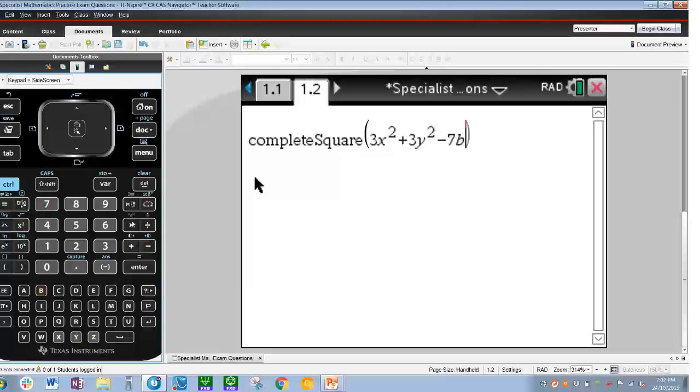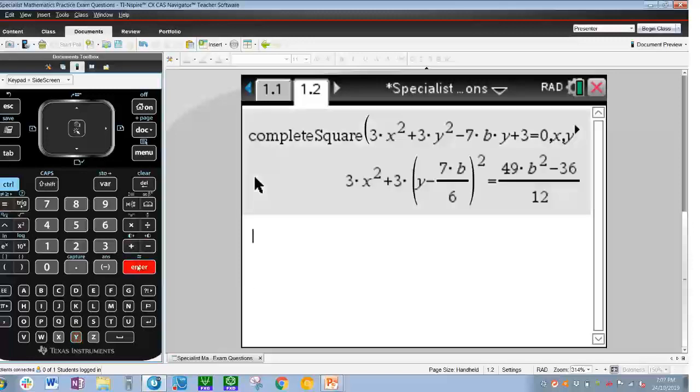Make sure you use a multiplication there, otherwise the calculator will think b and y are a single variable. The 7b times y plus 3 is equal to 0. I'm going to ask it to complete the square over both the variables, so comma x, comma y. Enter.